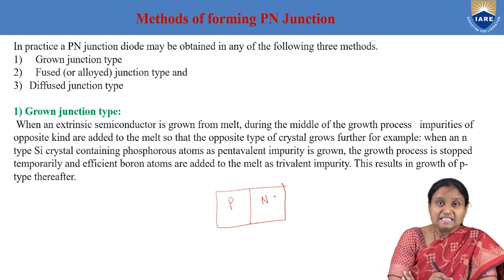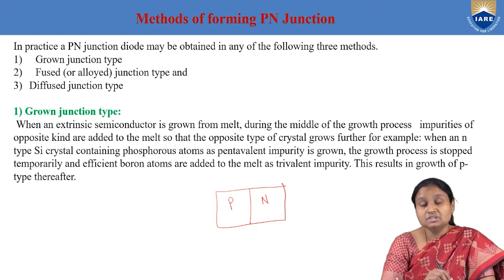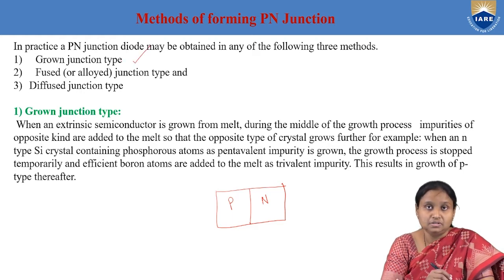Now here in this video, I'm going to discuss three different methods of forming a p-n junction. So what are those three methods? First method is called the grown junction type. Coming to the second method of formation of a p-n junction, it is called the fused or alloyed junction type.